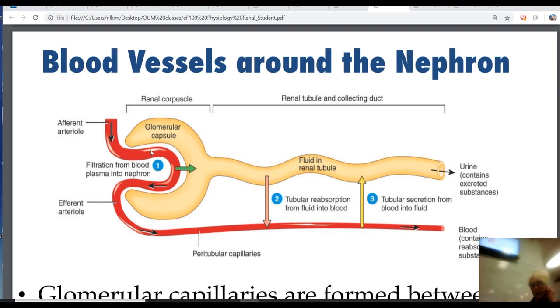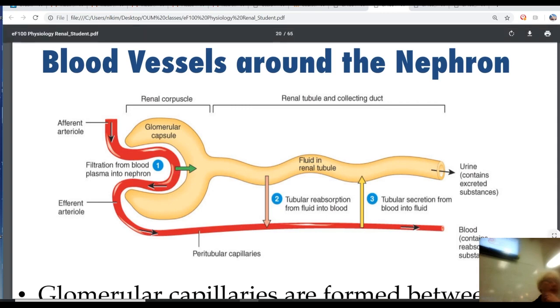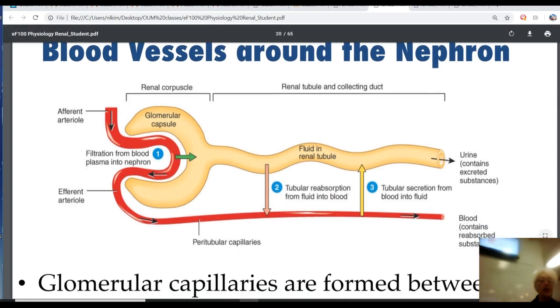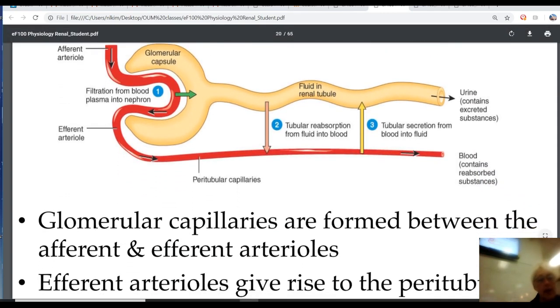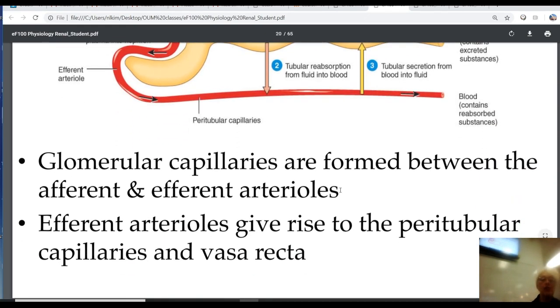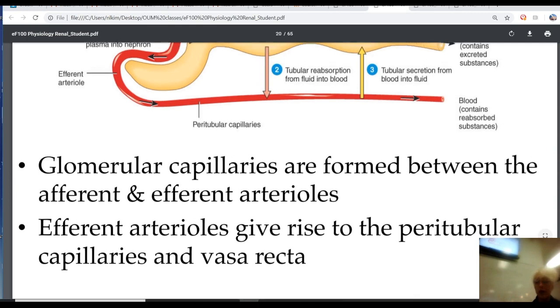When it starts dropping, and I went over this in class, that is indicative that this guy's not working that well anymore. Something's wrong with the pressure gradient. This is dying. These little capillaries are dying. And when they start to die, the glomerular filtration rate starts to go down. That's not to say that everybody with a low GFR is having renal failure, but definitely if you're dehydrated, your GFR is going to go down. Okay?